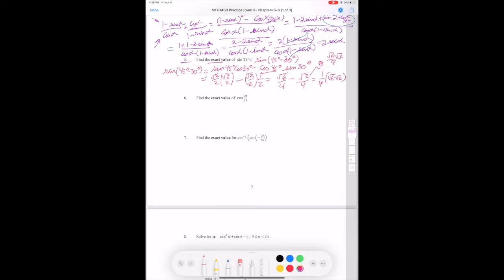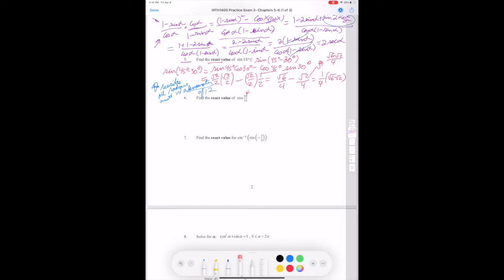Now let's try to find the exact value of cosine 5 pi over 12. When you come across this problem, the first thing you should do is rewrite, if you don't know it already, all radians on your unit circle with a denominator of 12.